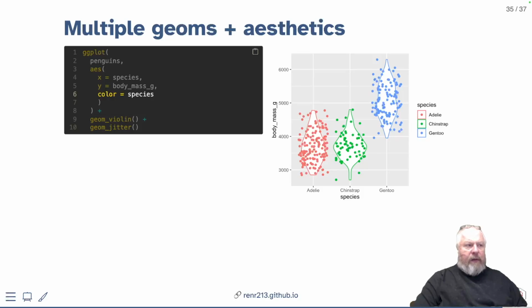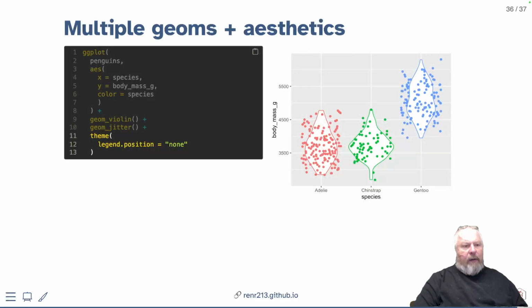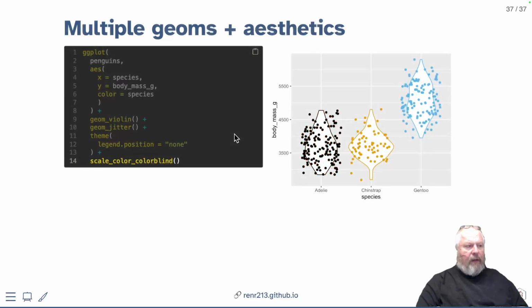And we can use some extra aesthetics to help us differentiate things on the graph. So here we're using coloring by species. We don't really need to have a legend because we know the species from the x-axis label. And if we wish to, we could use one of these scales that helps people with different kinds of color blindness. So I will stop there.